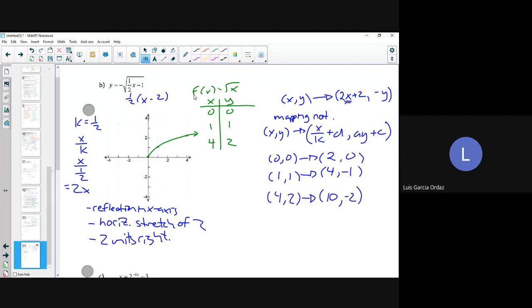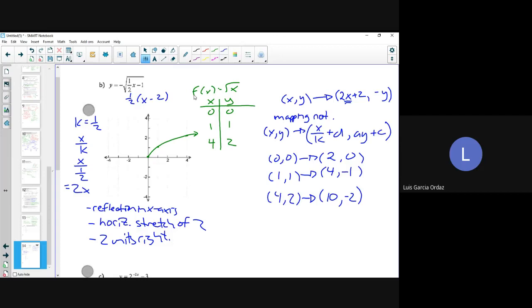Once you plug in the value for k, the k goes away, so you're just left with a number multiplied by x. In this case, we were left with 2x plus 2. Yeah, I get it. So what you would do next is just plot the points, and then you get your graph.